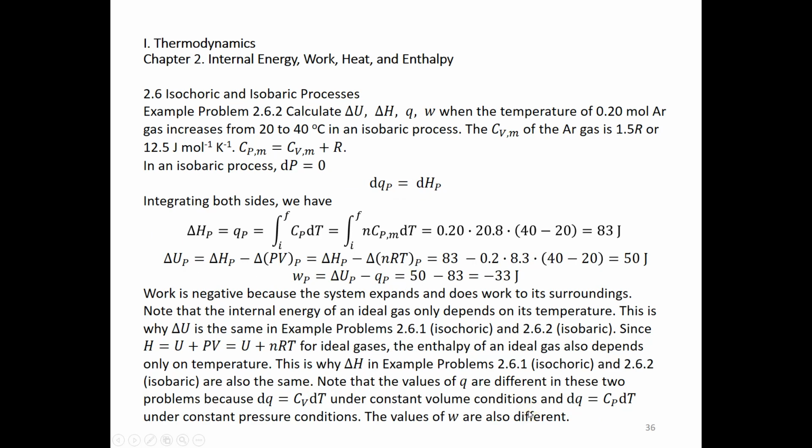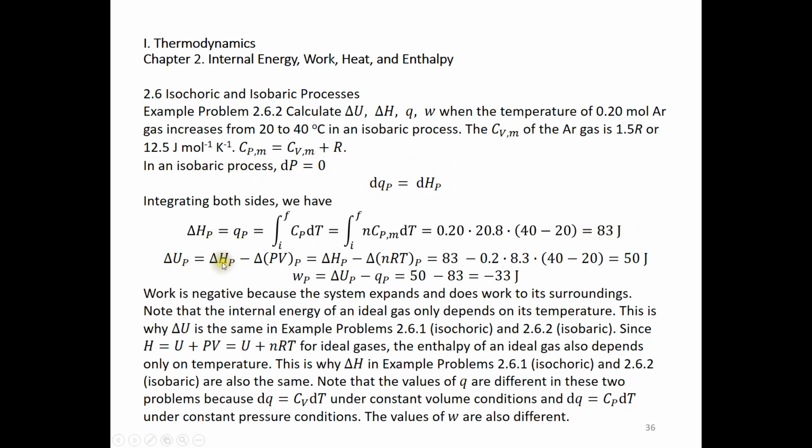Now example problem 2.6.2. Calculate delta H, delta U, Q, and W. In an isobaric process, the temperature changes from 20 to 40. The CVM is 1.5 R, the CPM is CVM plus R. Because it's isobaric, dP is 0, we have dQp equal to dHp, so we integrate both sides, plugging in all the numbers, we get 83 joules.